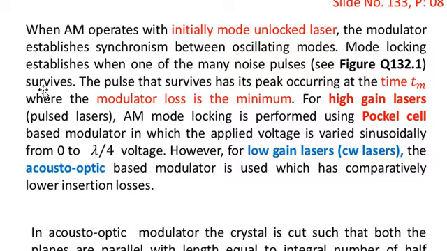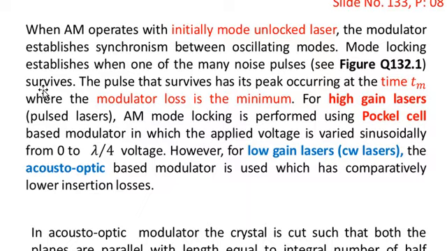So when one of the pulses survives through the modulator, that is, the pulse passes through the modulator when the modulator has minimum loss, then that pulse will survive through the modulator, and of course that will oscillate back and forth in the laser cavity.